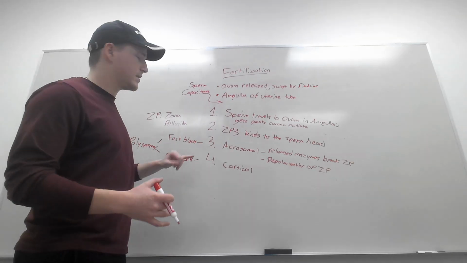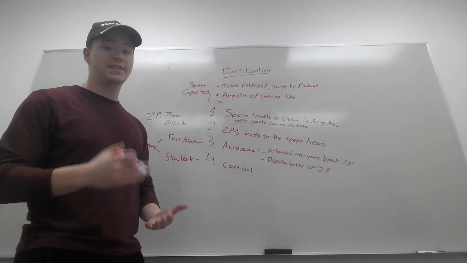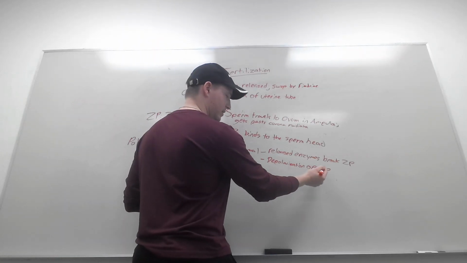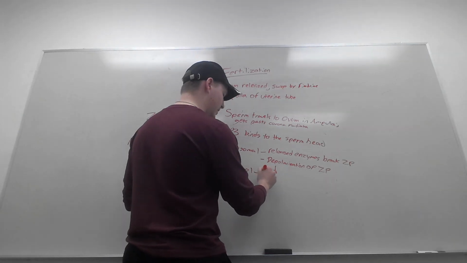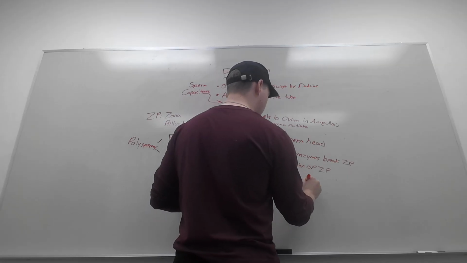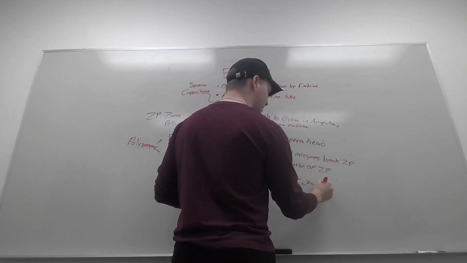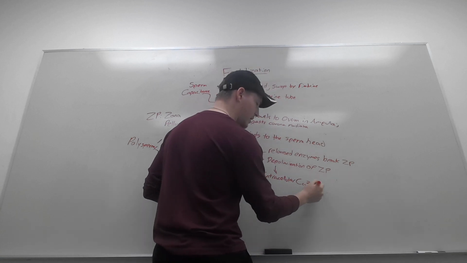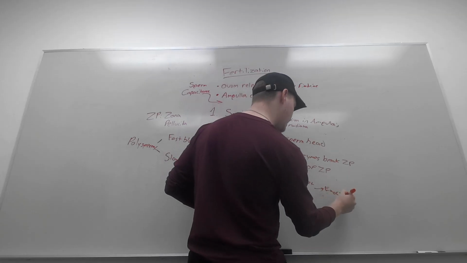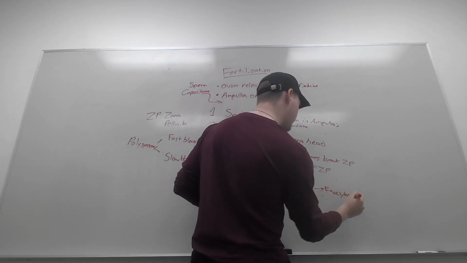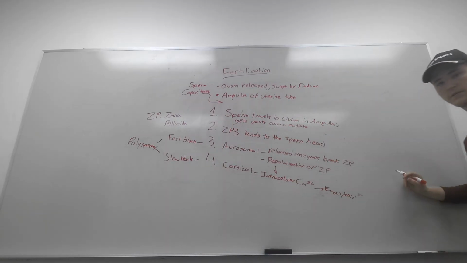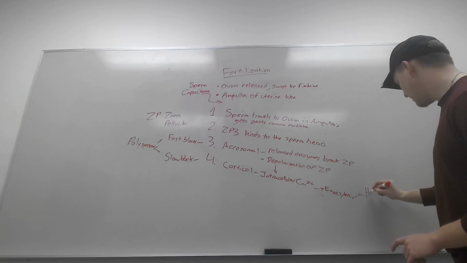Now, because that one is fast, this is the slow block, which seals the deal, if you will. This is the cortical reaction. This depolarization causes intracellular calcium to trigger exocytosis of some molecules that are inside the ovum, and those are going to harden the ZP all the way around.